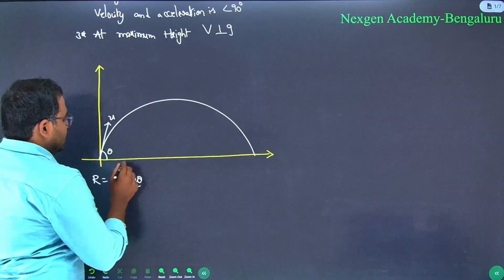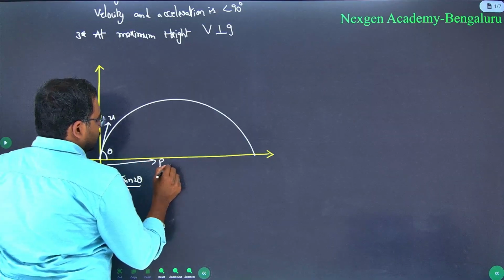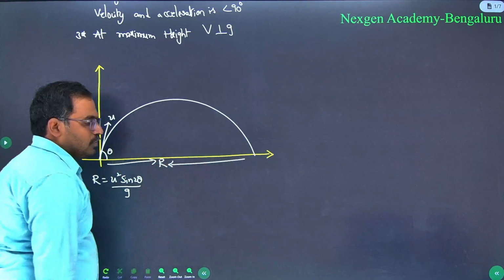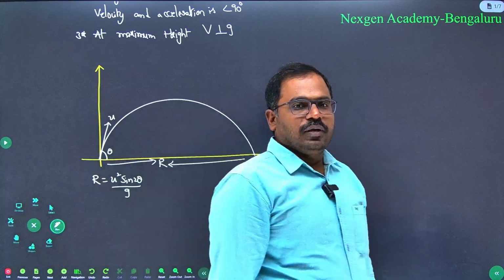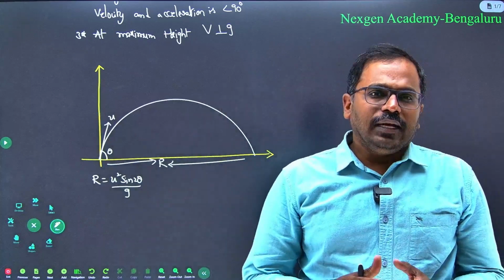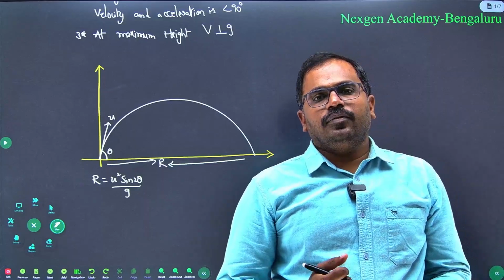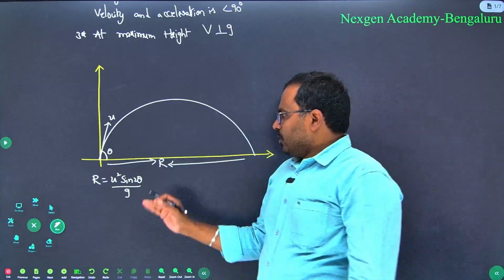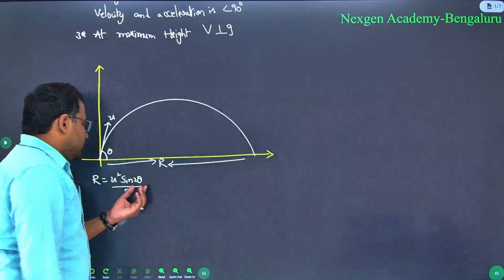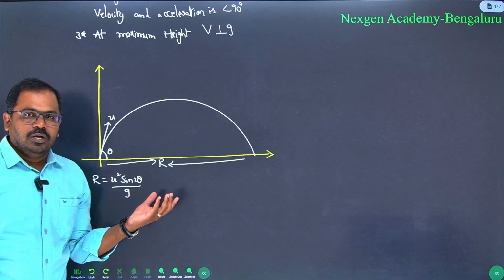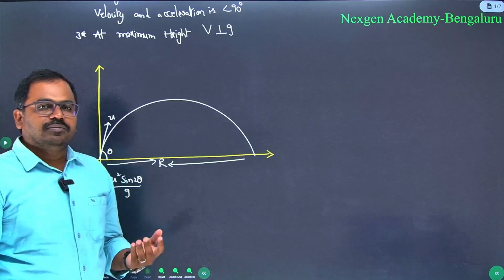This is the horizontal range of the projectile, the horizontal distance traveled. At which angle is it maximum? If sine 2 theta is maximum, automatically the horizontal range will be maximum.